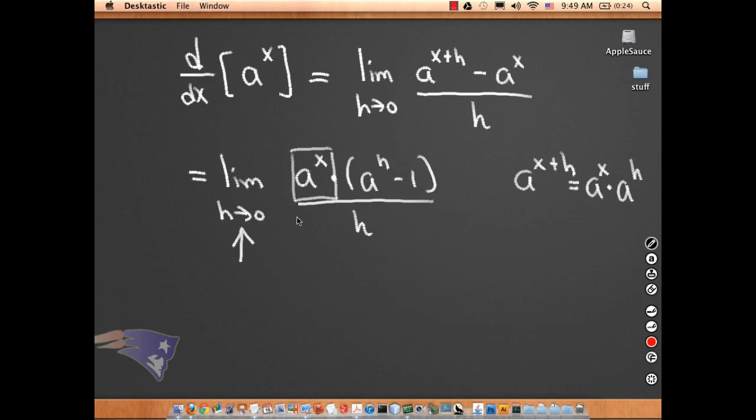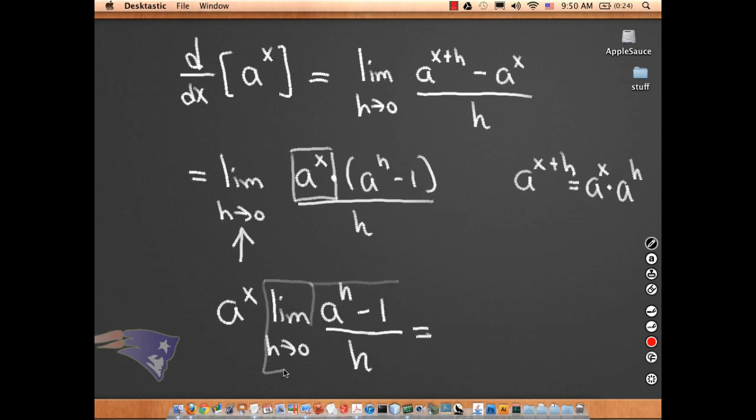It doesn't. So this becomes a to the x times the limit as h goes to 0 of a to the h minus 1 all over h. I need to write it correctly first. And this part right here, the limit, turns out to be the natural log of a.